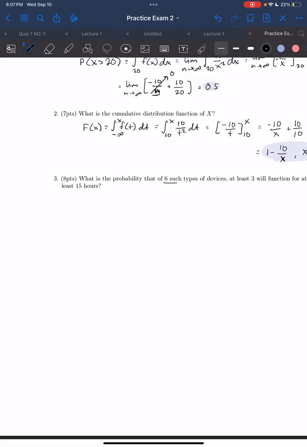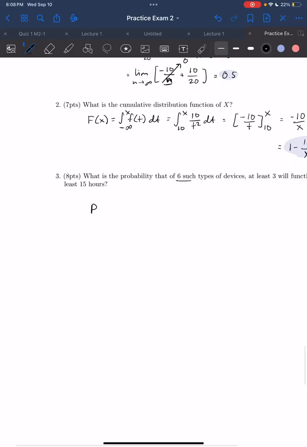So first let's calculate the probability that one device will last over 15 hours. So we have the probability of x greater than or equal to 15.